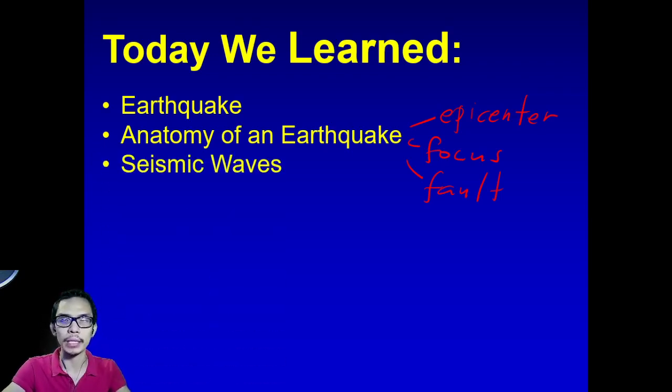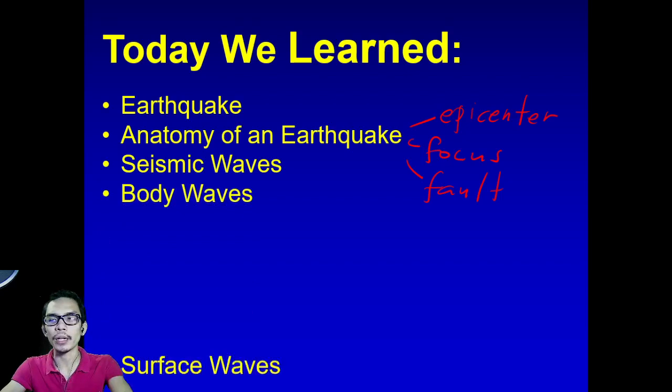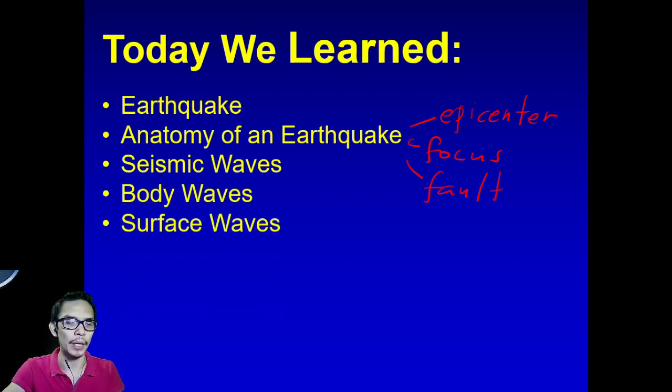All right, next one, the seismic waves. Seismic waves are waves that travel all throughout the earth. It can be a body wave that travels inside the earth, or it can be a surface wave that travels on the surface of the earth. Now, the body waves have two types. We have P waves, which are faster than their brother, the S waves.